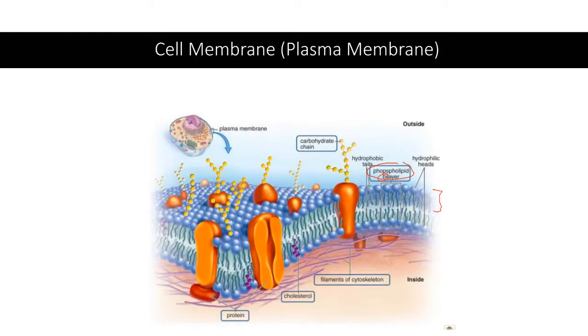It's bi because there's two. One layer. Sorry, I got confused here on how to write this. One layer. They come together because the tails are going to be hydrophobic.